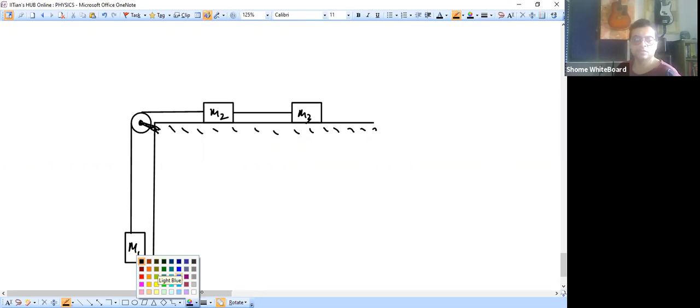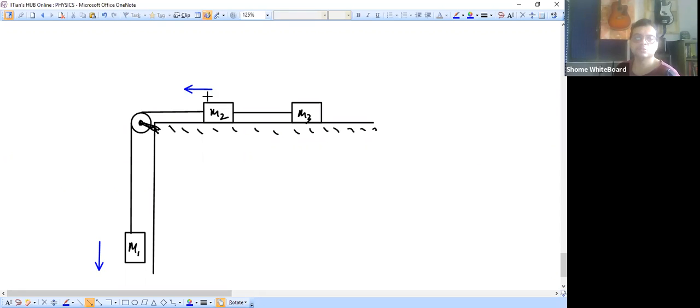So the first thing you have to understand is that because there is a thread of fixed length joining M1 and M2, if M1 comes down by a certain distance, M2 will move by the same distance. So the downward motion of M1 and the motion of M2 towards the left has to be identical. And again, an inextensible thread between M2 and M3.